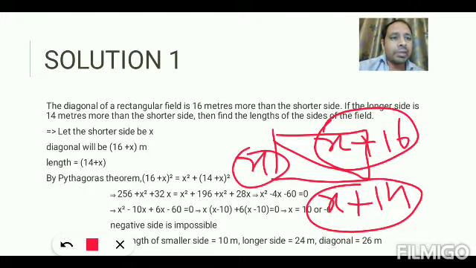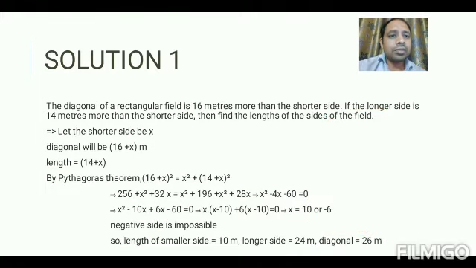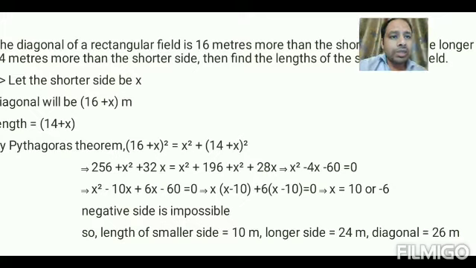If you apply the Pythagoras theorem, x plus 16 whole square equals x square plus x plus 14 whole square.